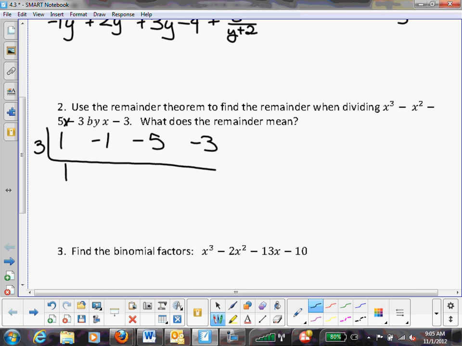So 1, 3 gives me 2, 6 gives me 1, 3 gives me 0. What's my remainder showing synthetic division? Okay, so my remainder is 0. If my remainder is 0, does anybody know what that means? It does mean something.